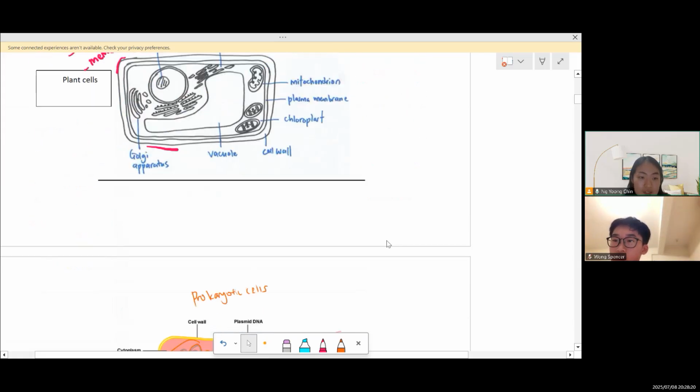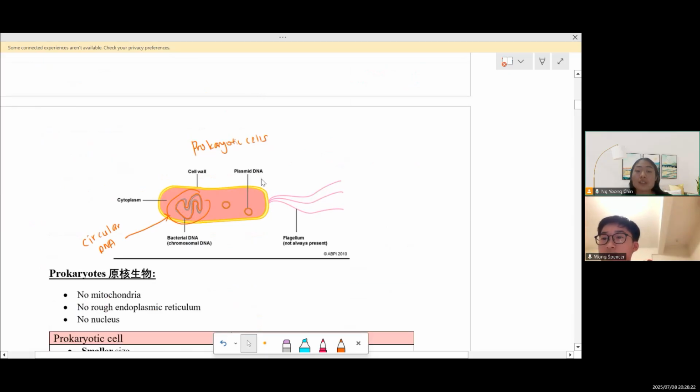You can see the prokaryotic cell's structure is very simple, right? They don't have the nucleus. They just have very simple circular DNA. Another one, they have plasmid DNA. And also they have the ribosome. They didn't show it in this picture, but prokaryotic cells have the ribosome, just like the eukaryotic cell.